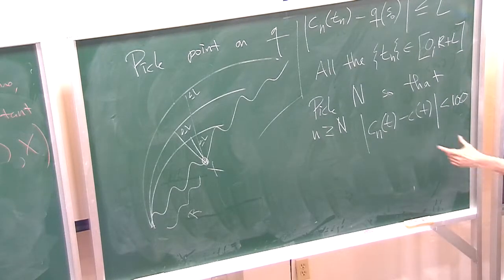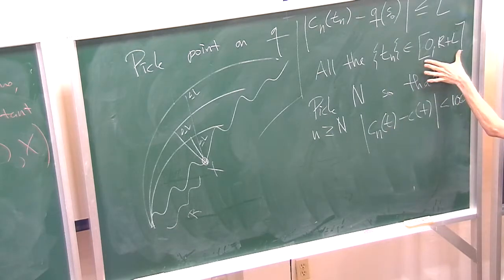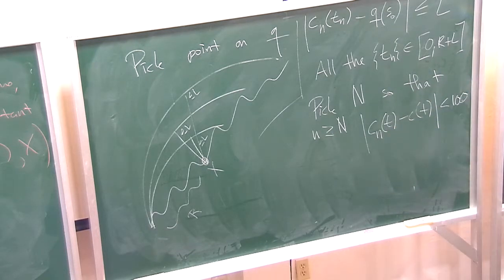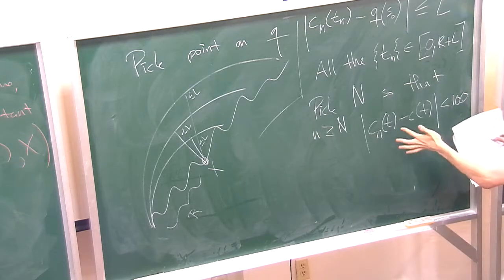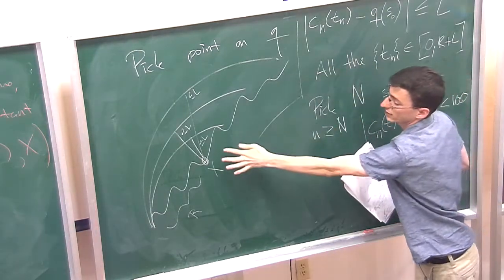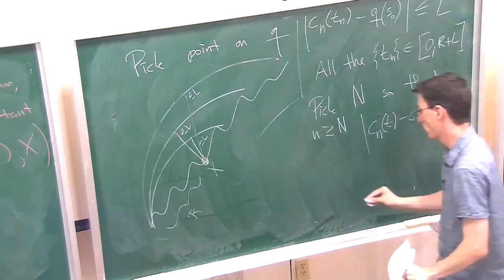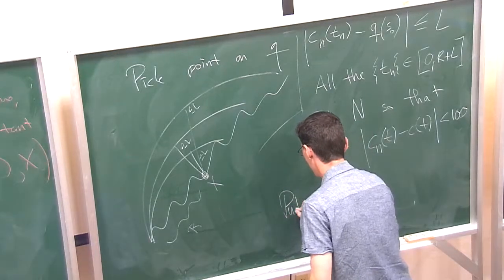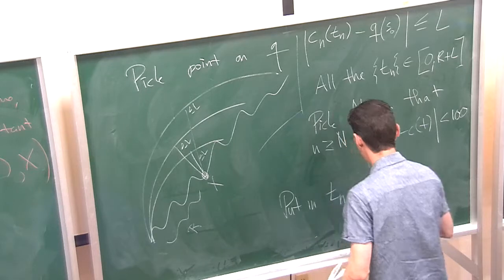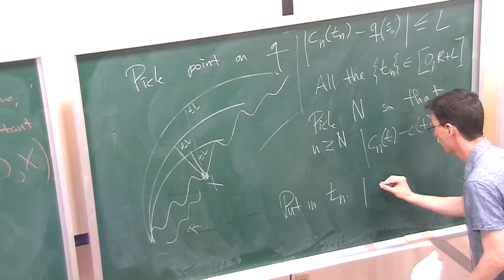So for any t in this interval, I can make this small. But what I actually want is to nail down one of these points, because these are the guys that are actually close to my quasi-geodesic. So put in T_n.